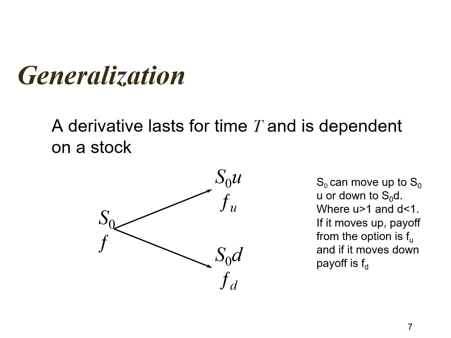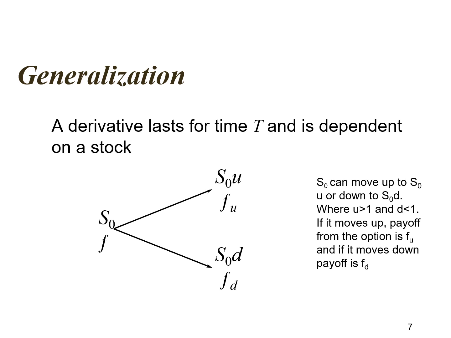So the earlier trees which we saw so far can be generalized in this diagram. S0 is basically the spot price, S0u is the upward movement, so S0 becomes S0u if there is a movement of the price upward, and therefore u is obviously greater than 1, and the equivalent value of the option is fu.